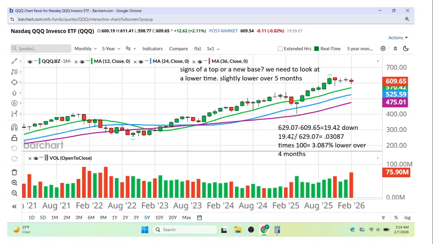Then you're going to take that number, divide it by the first number, and you get this decimal number. And you can either slide the decimal over, or you can take this number times 100, and you get a percentage of how much it's lower over these 4 months. And it's just over 3% lower over this 4-month period.